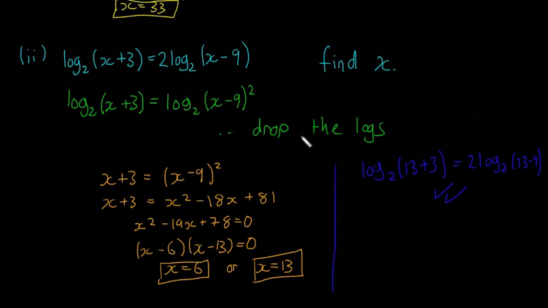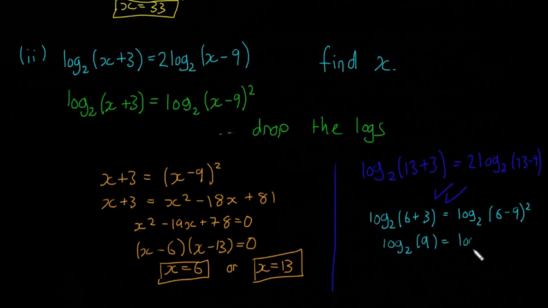So if I do that in bright blue, we can write log to the base 2 of 6 plus 3 is equal to log to the base 2 of 6 minus 9 squared. Okay, so if you try that, then you're going to get log to the base 2 of 9 is equal to log to the base 2 of minus 3 squared, or log to the base 2 of 9 is equal to log to the base 2 of 9.